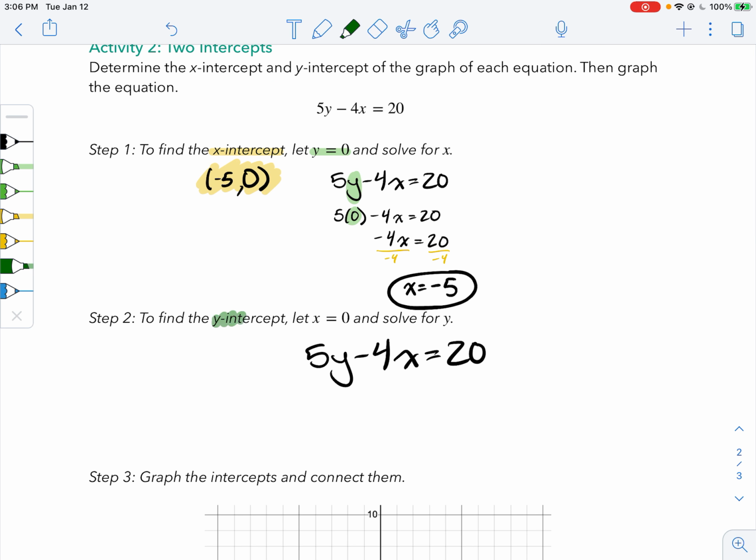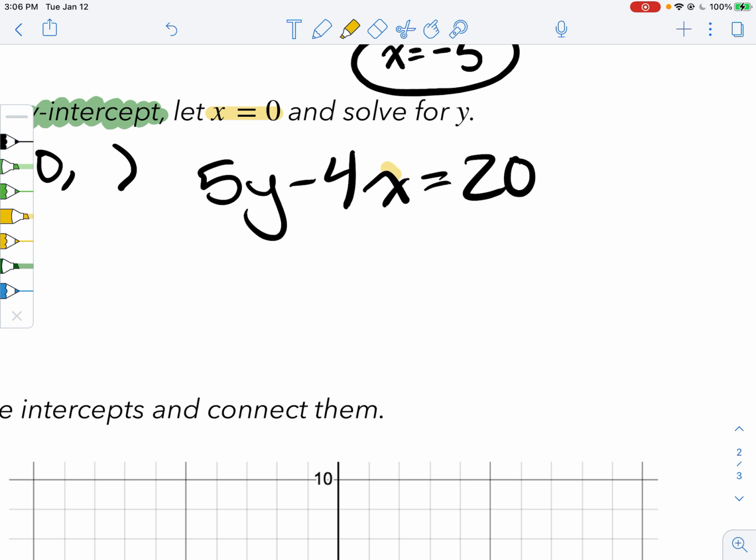Okay, so to find our y-intercept, this time we switch it around. We let x equal 0. We have our point, x equals 0, y is something. We need to figure out what y is. So again, if x equals 0, we have 5y minus 4 times 0 equals 20. Well, 4 times 0 is 0.